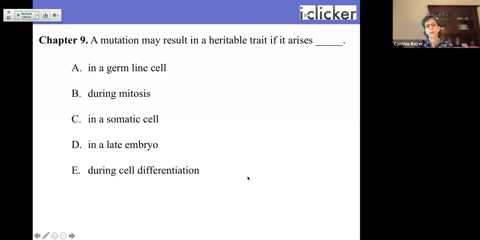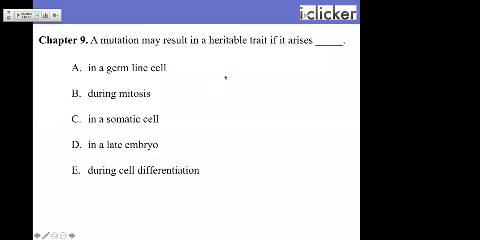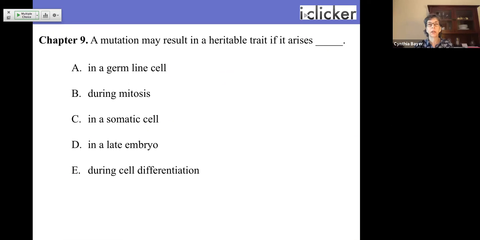A mutation during cell differentiation, if we're talking about in the body of the organism, the somatic tissues would remain in the organism that was mutated. But a mutation in a germline cell, either early on or later in meiosis, would be passed on to the next generation.